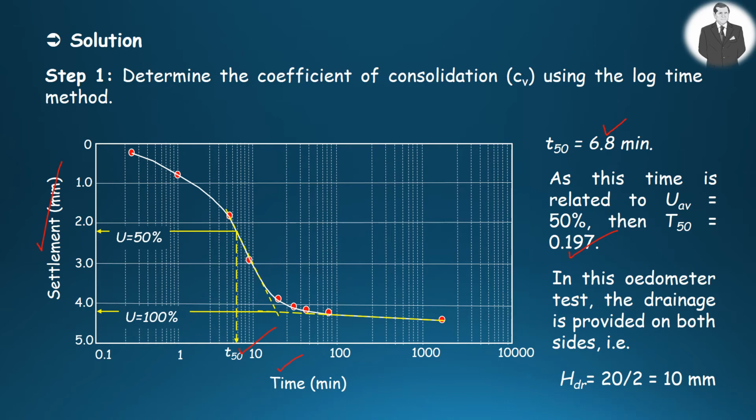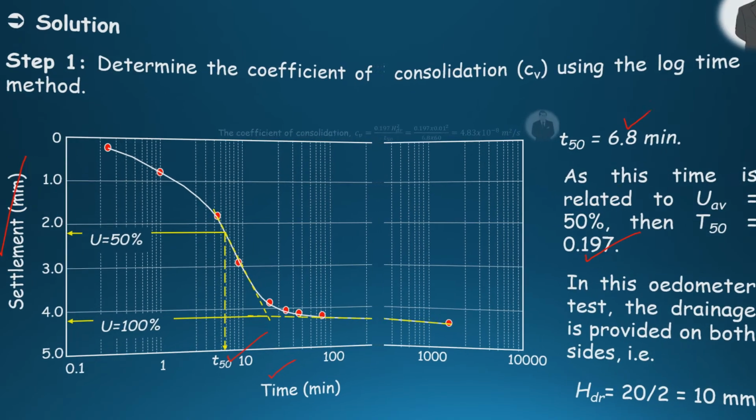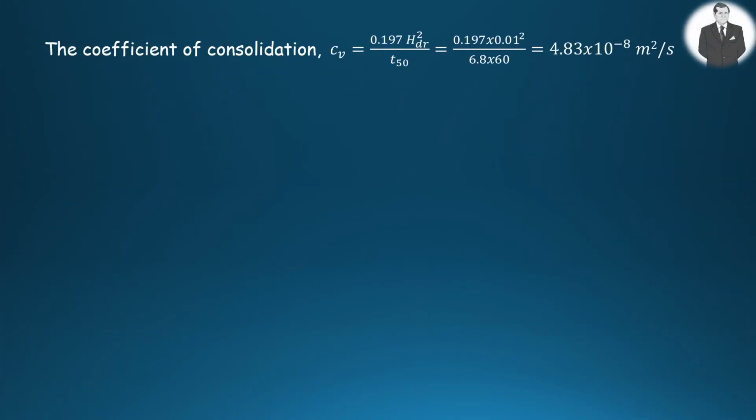In the odometer test, the drainage path is provided on both sides. That's why the drainage path is equal to half of the thickness of the soil sample, which is 10 millimeters. Knowing the time for 50% consolidation and the related time factor, the coefficient of consolidation can be calculated as illustrated here.